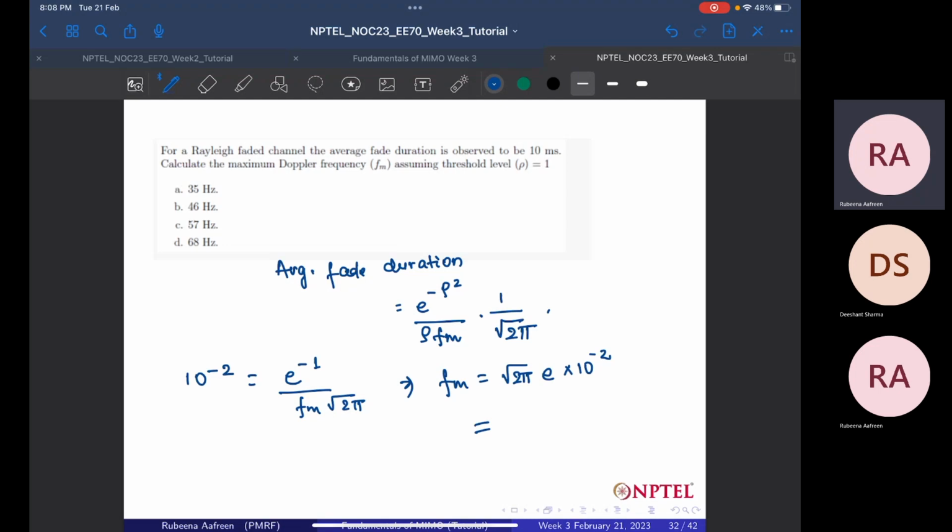Oh yeah, sorry. So fm would be 1 upon square root of 2 pi e into 10 to the power 2.